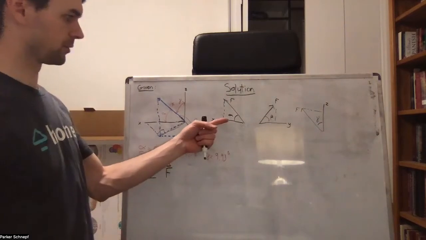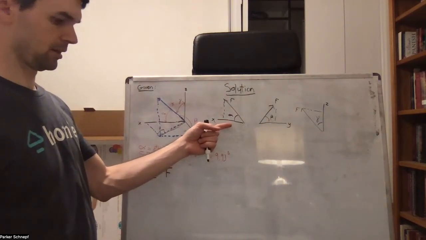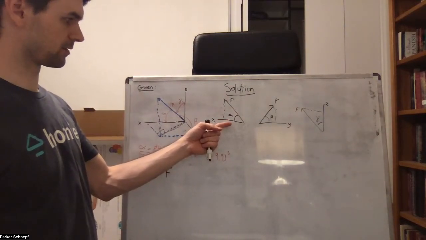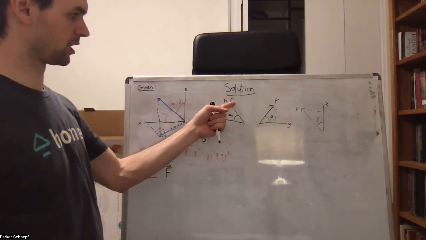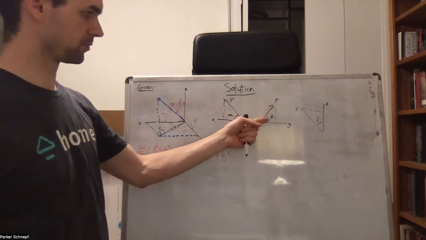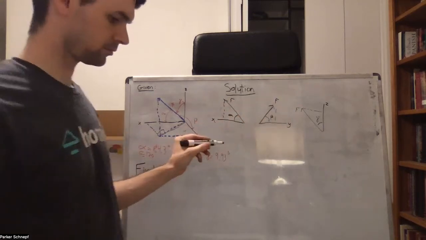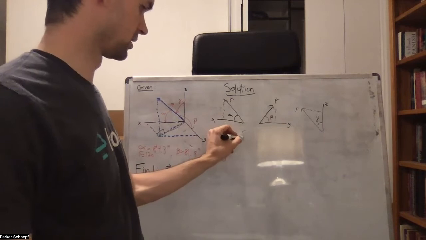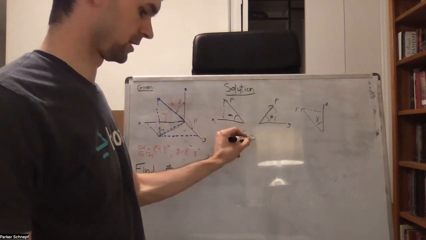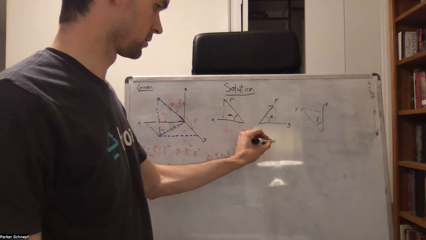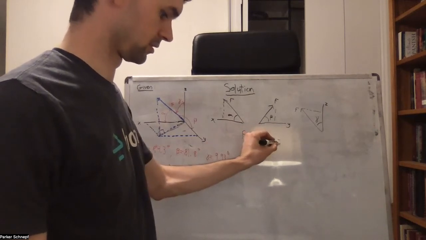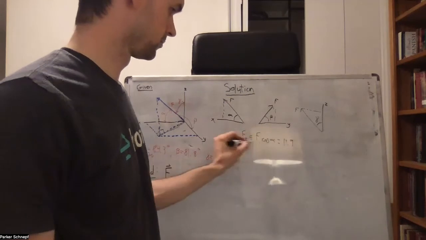So hopefully this is starting to look kind of obvious what we're going to do. To find the x, y, and z components, these are all right triangles, so it's just going to be f cosine the angles. It's as simple as saying f of x is going to be f cosine alpha, which is going to equal 11.9.